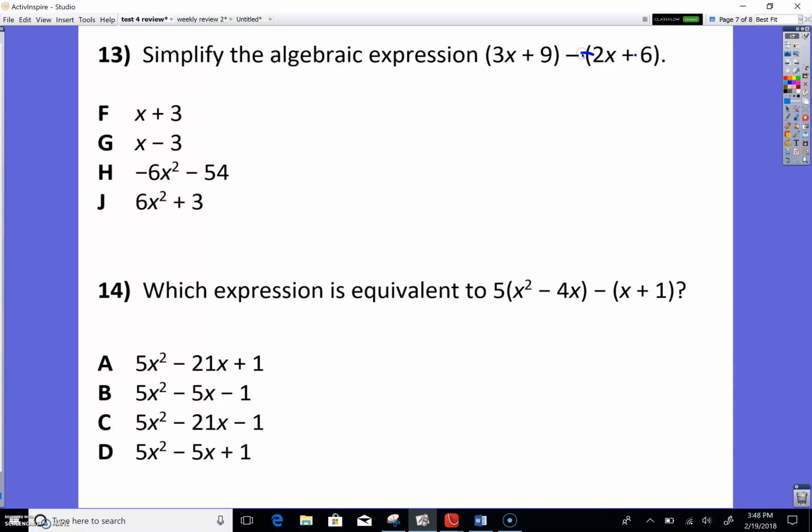Okay, remember, change the sign. 3 minus 5x. 9 plus 6. Alright, no, this is a minus, okay. 9 minus 6 is 3.